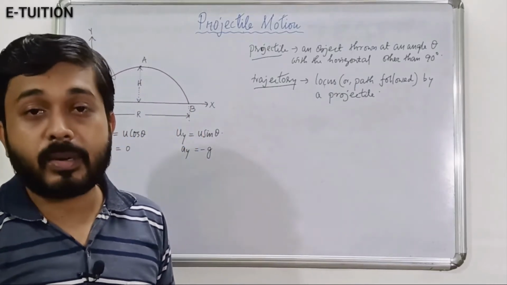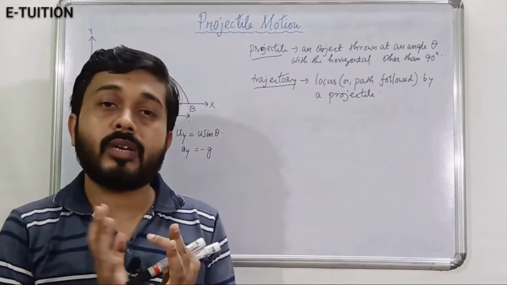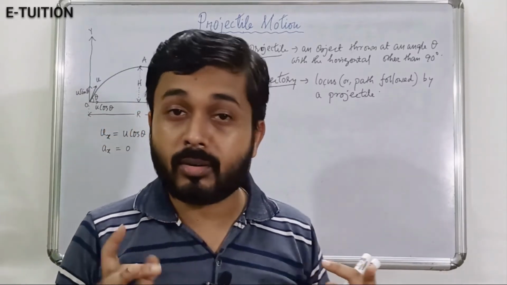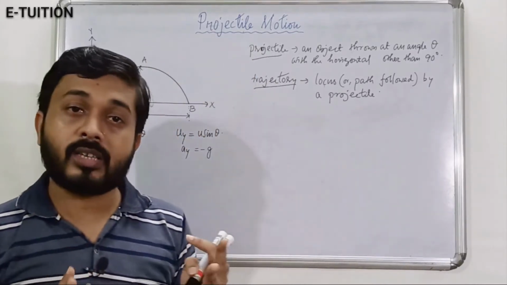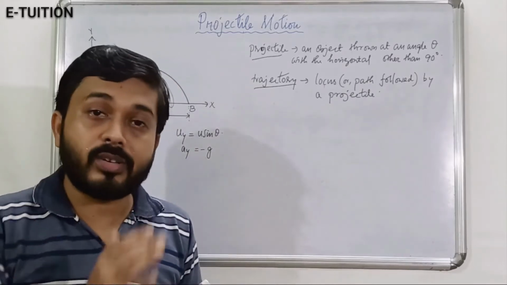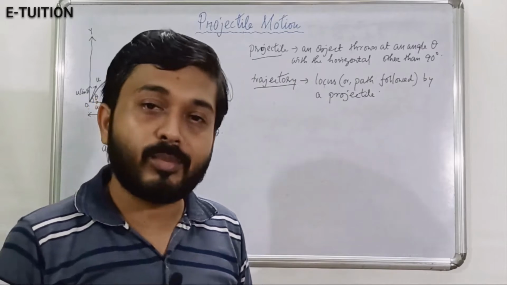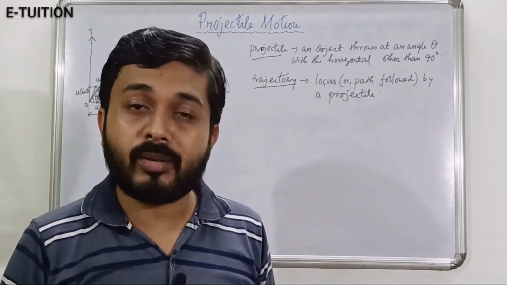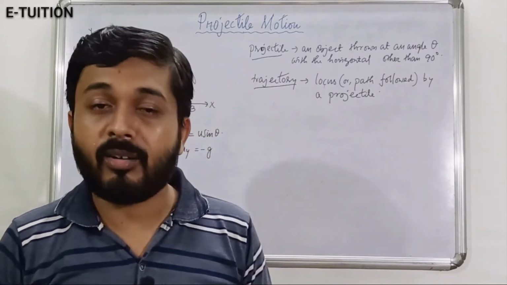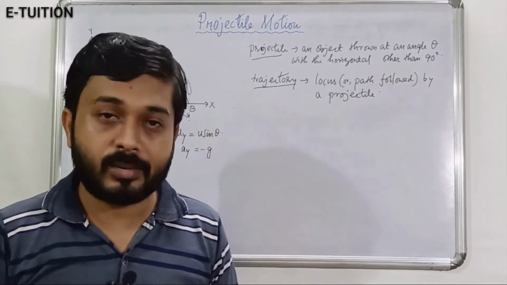As a result of these two independent, mutually perpendicular motions along the x and y axes, the projectile moves in a vertical plane. That's why this topic, projectile motion, comes in the chapter of motion in a plane of class 11 standard physics, ISC, CBSE and other state boards.